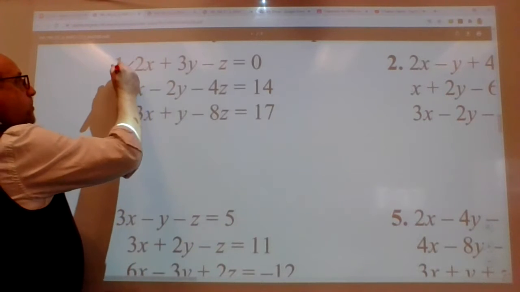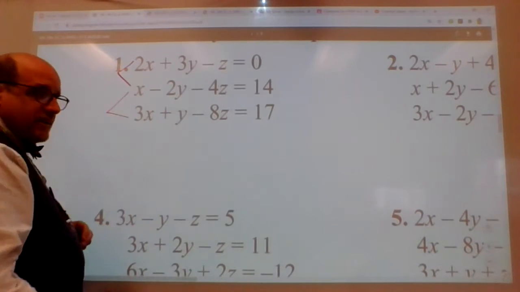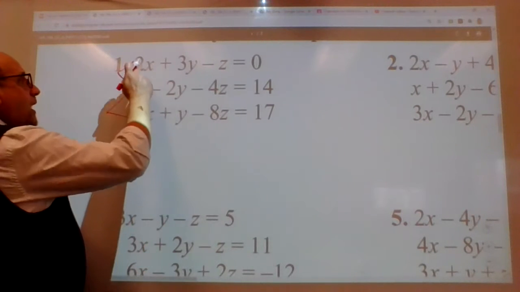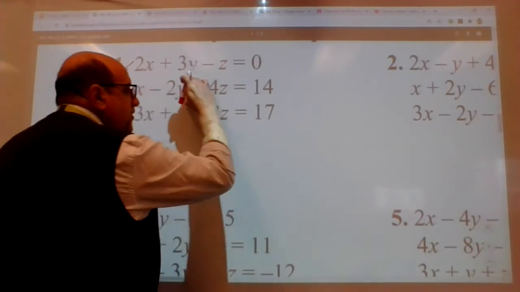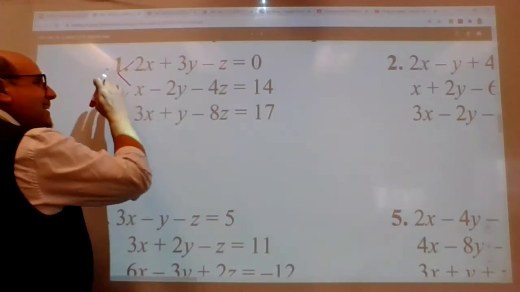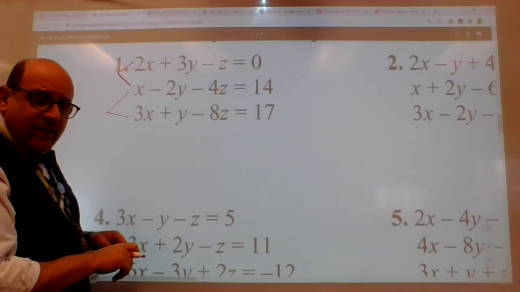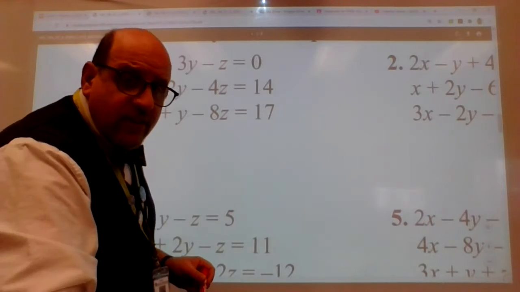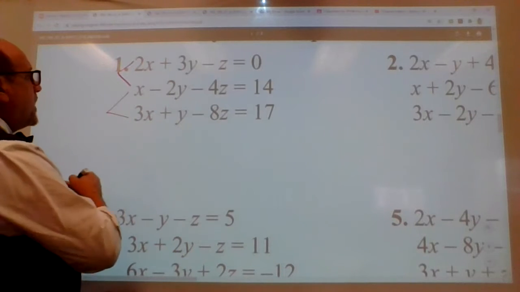Well, if I'm going to put the first two together and then the second two together to eliminate x, here we go. I have a 2x and I have an x. If I multiply this whole equation by negative 2 and rewrite it, then I will have an equation that I can solve. I can then do my addition.